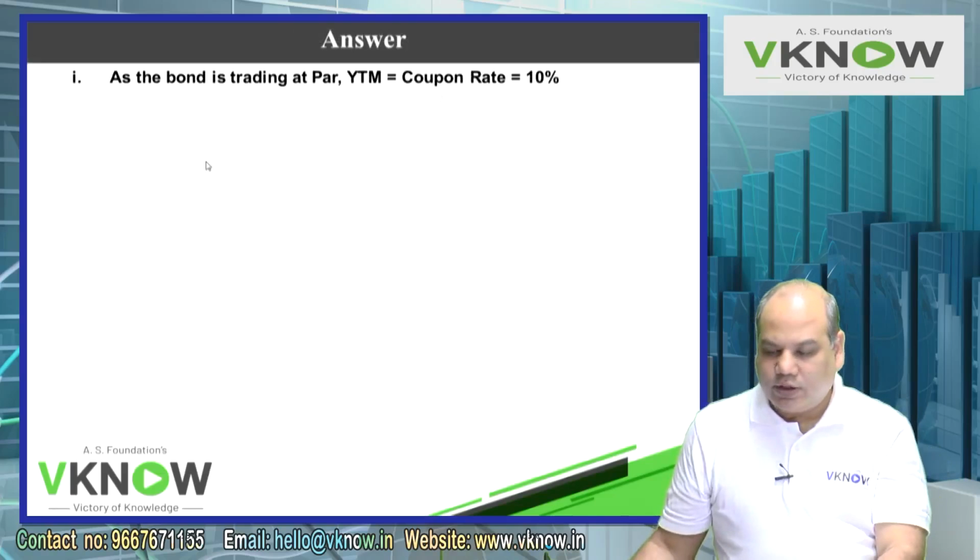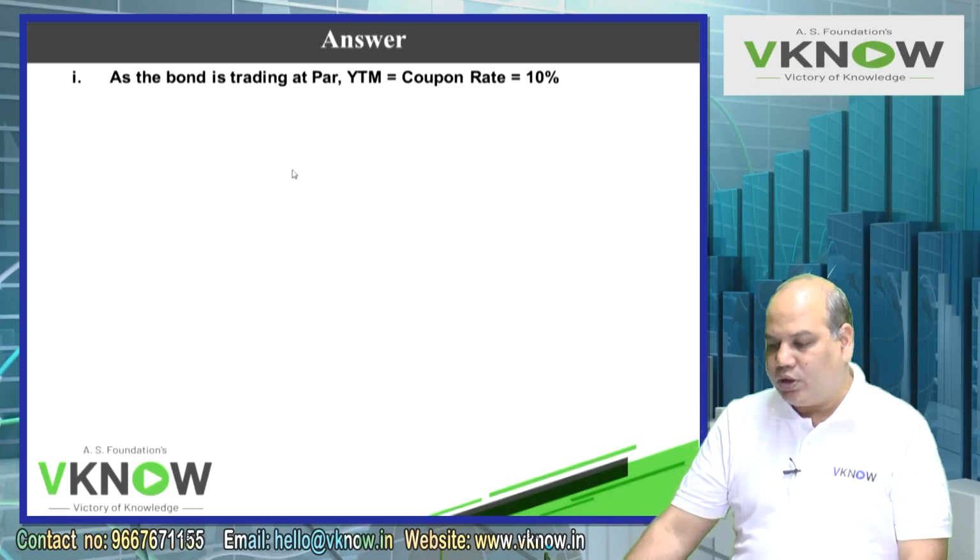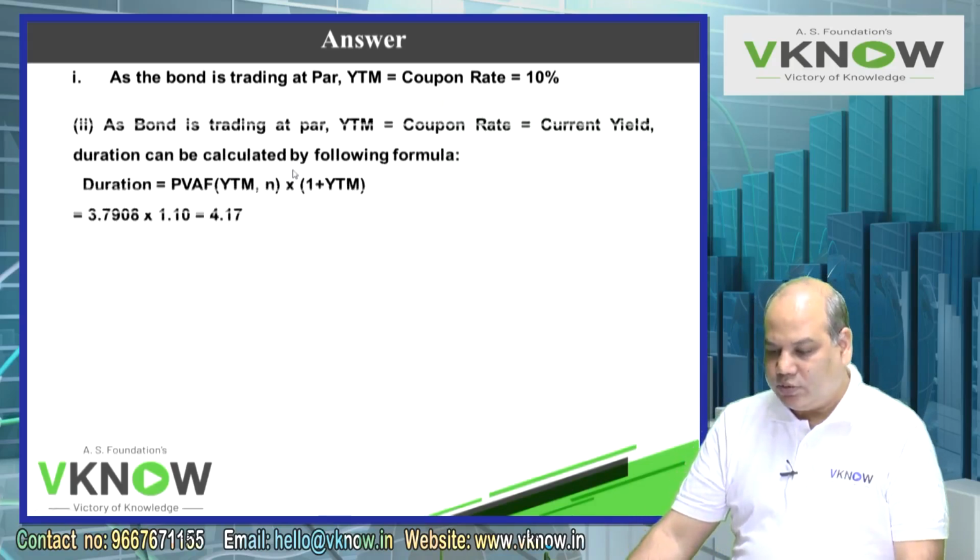As the bond is trading at par, YTM is equal to coupon rate is equal to 10%.